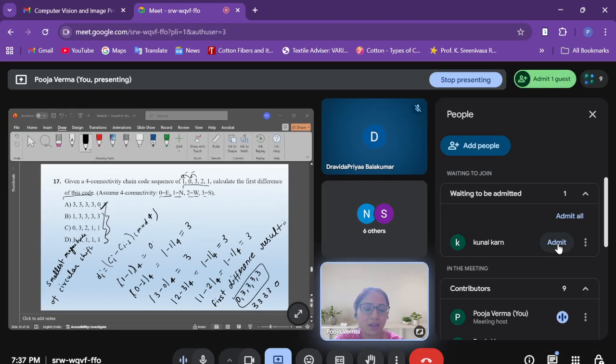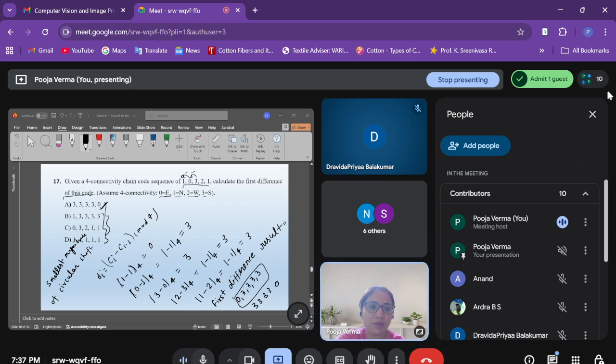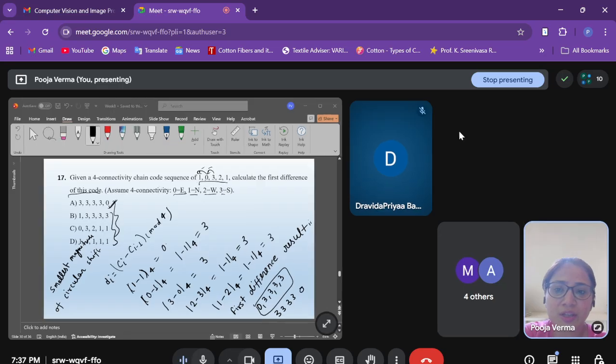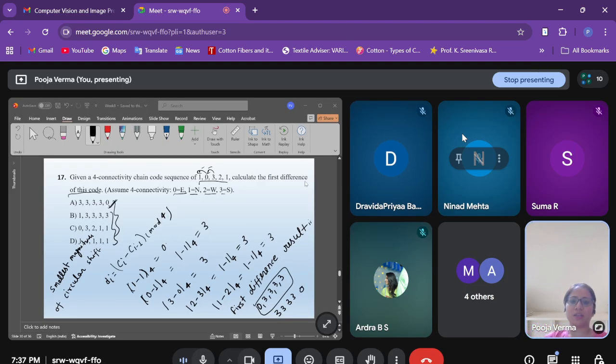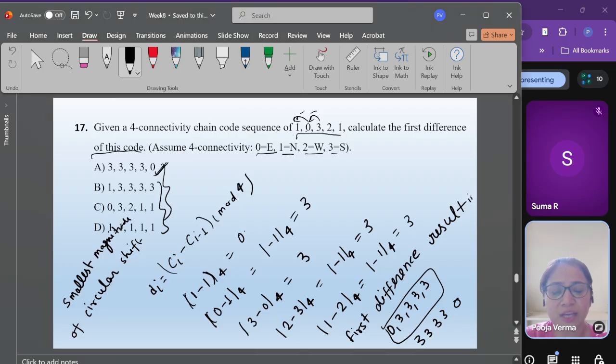If it is in the options, you can tick that one. If you are writing it out, you have to choose the smallest one. But if it is not in the options, you have to choose whichever option is matching, because five circular shifts are possible.